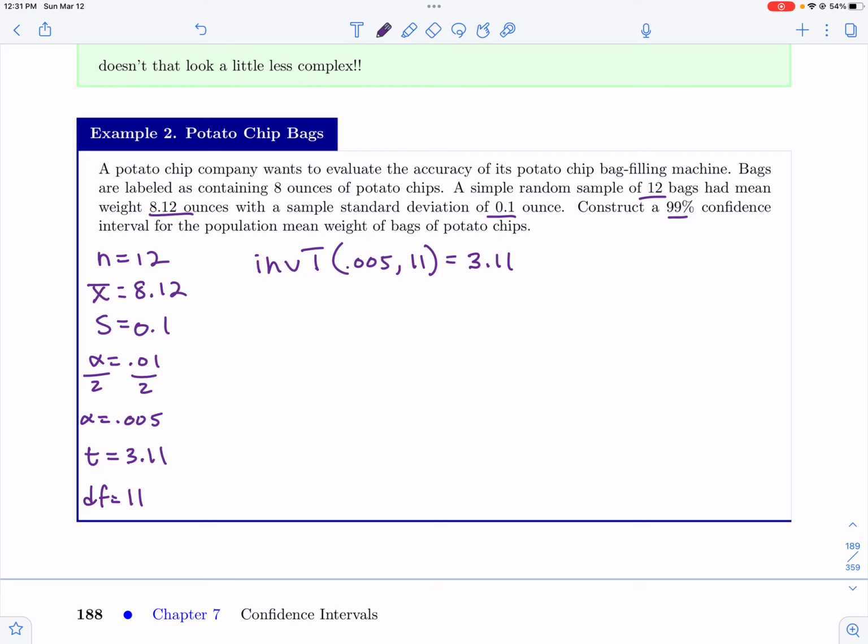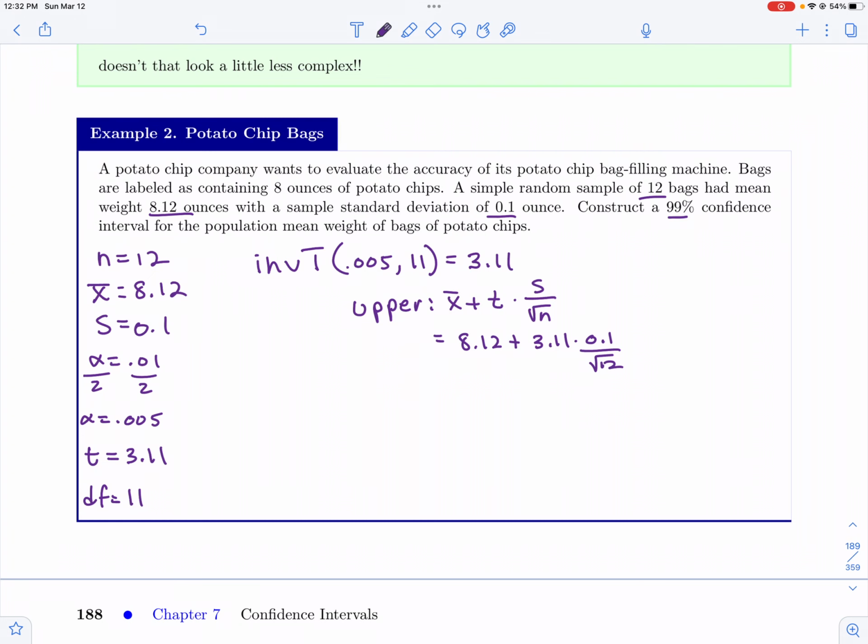And so now we've got everything we need to set this up. Just like before, we want to calculate our upper bound. We take our sample mean plus our t-score times s, all divided by the square root of n. So we've got 8.12 plus 3.11 times 0.1 divided by the square root of 12.